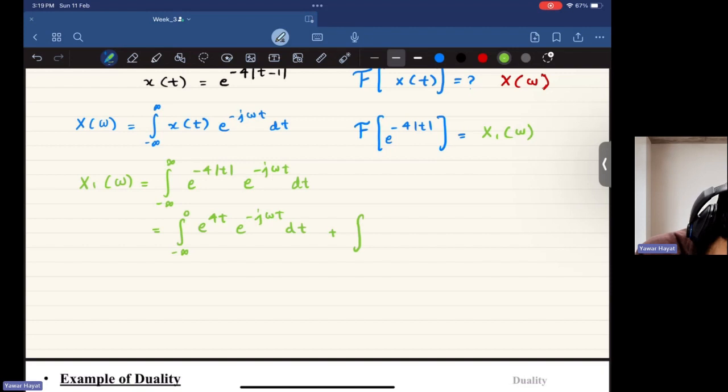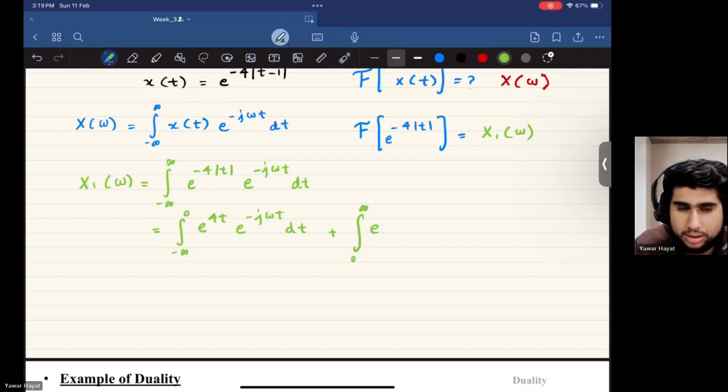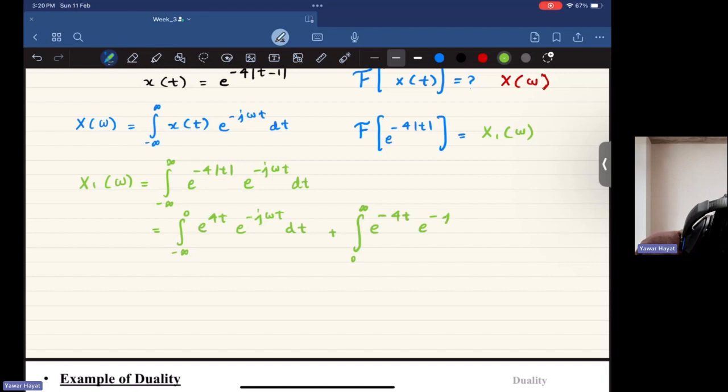plus now the other interval, 0 to infinity, of e to the power minus 4t, since modulus of t is equal to t for t greater than 0. So I can now replace in this interval the modulus of t by t, and I'll be left with e to the power minus 4t and e to the power minus j omega t dt.